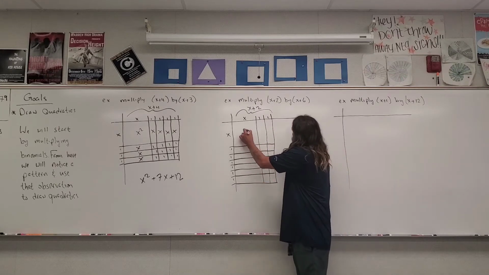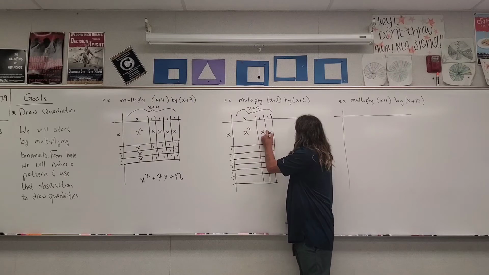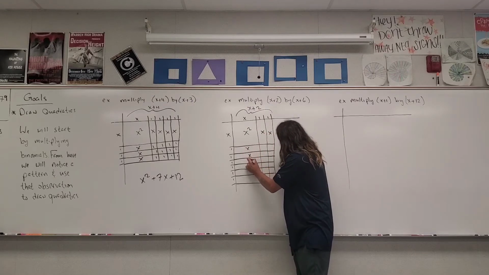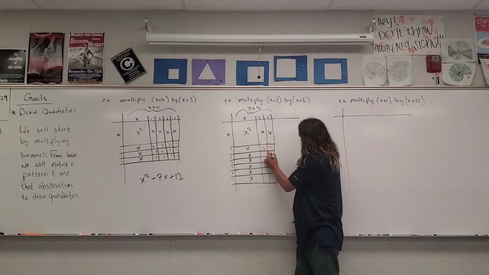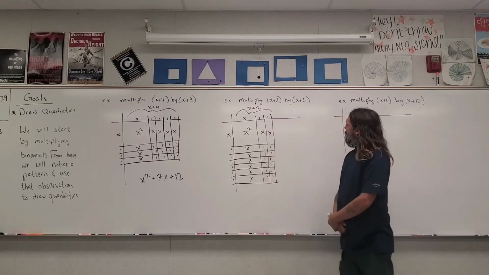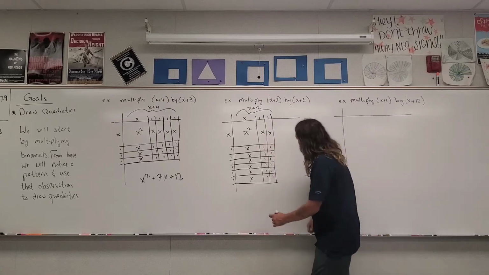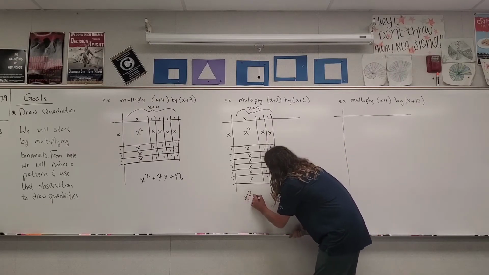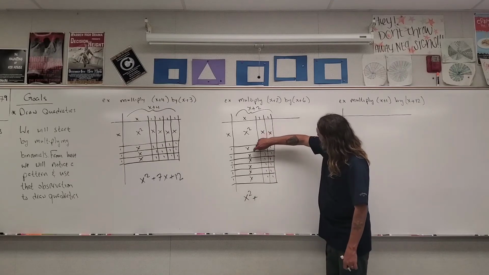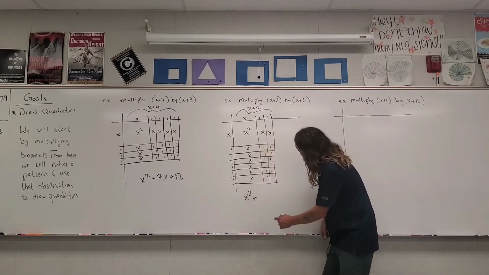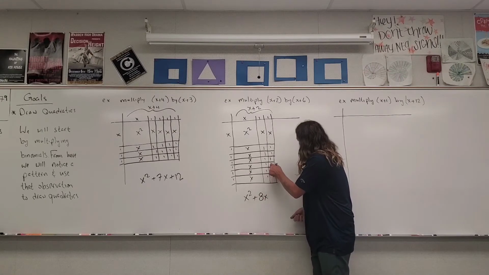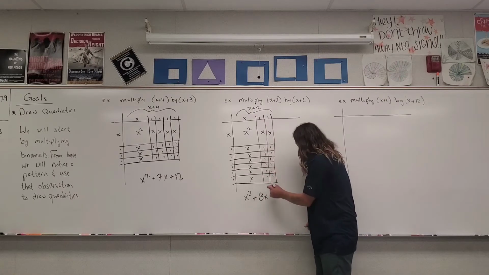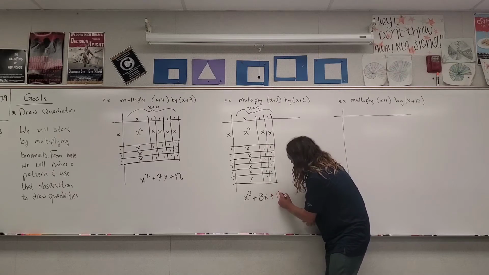So this would be an x squared, these would be x's, this would be a bunch of x's, and then all these guys would be my 1s. Alright, so here I have 1 x squared, and I have 8 x's, and I have 12 little squares.